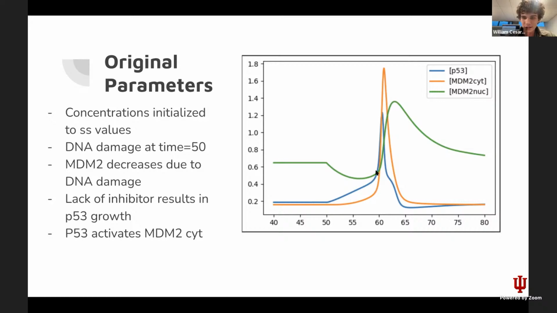And that is why the orange is increasing and the green begins to increase, because the MDM2 in the cytoplasm is increasing at a very fast rate, and it is also sifting into the nucleus. I don't know if sifting is the correct term, but then they eventually end up coming back to their steady states.